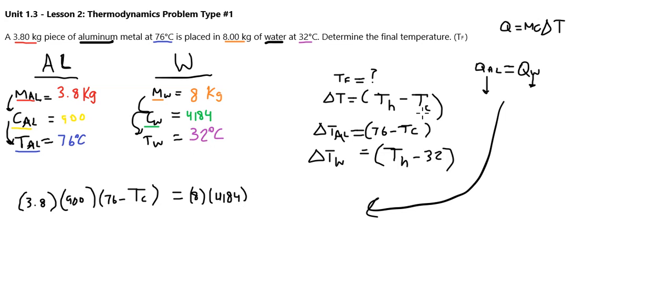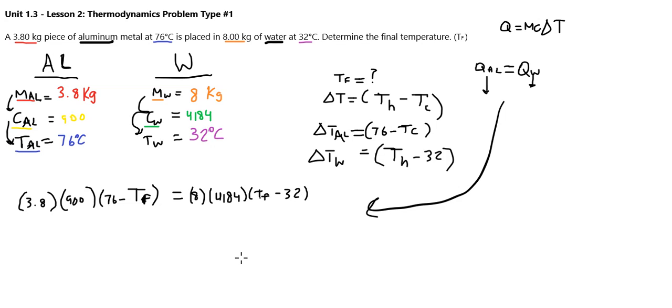Then the delta T is 32, or sorry, it's not 32 by itself. It's TH minus 32. And really, since we're finding the final temperature, we don't need to put TC and TH because this is the variable we're finding. So we can put TF. Minus 32.